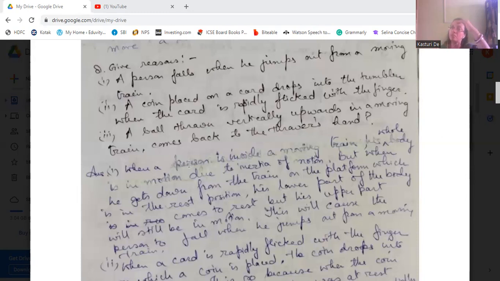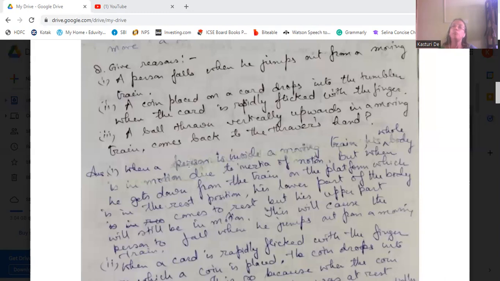It remains in that state of rest. Now, as the coin experiences a gravitational pull downwards, it will come down into the glass due to the force of gravity.